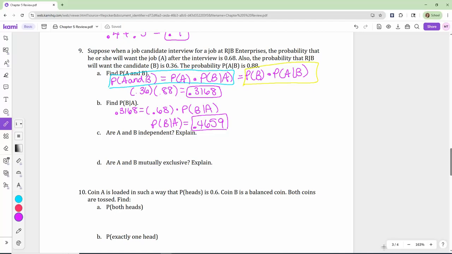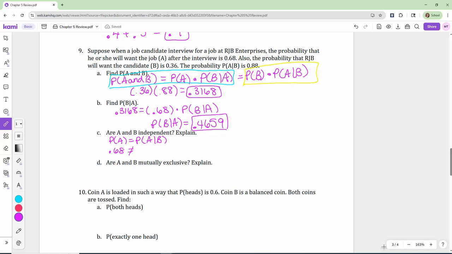Are A and B independent? Now, if they're independent, it means the probability of A would have to be the same as probability of A given B, or probability of B is the same as probability of B given A. Was that the case? No. Probability of A was 0.68.